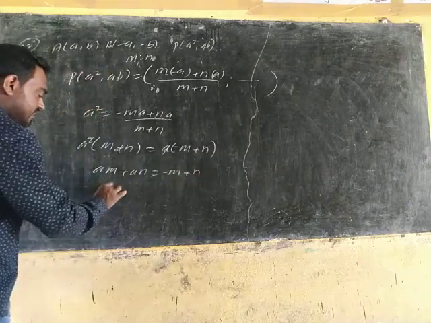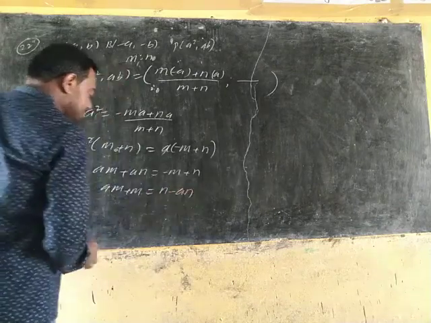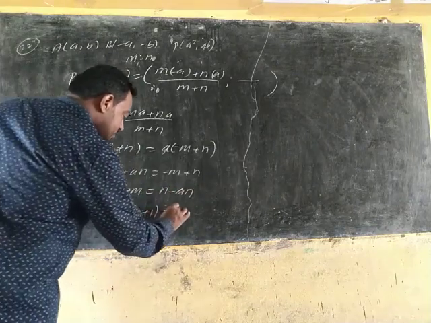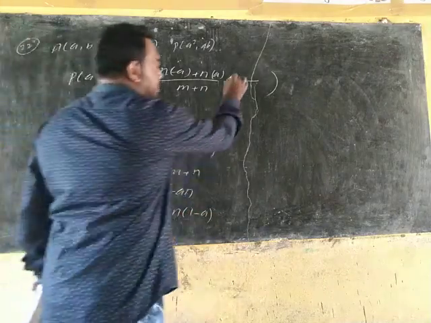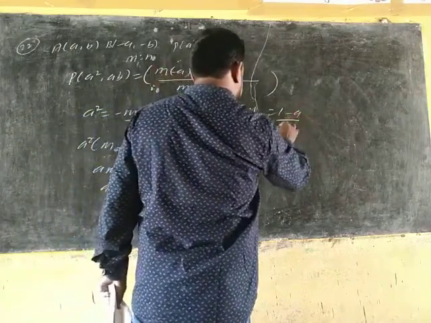So am + an equals n - m, so am + m equals n - an. M is common: m(a+1), and n is common: n(1-a). So m/n equals (1-a)/(1+a).